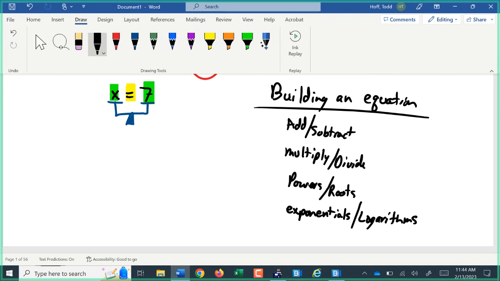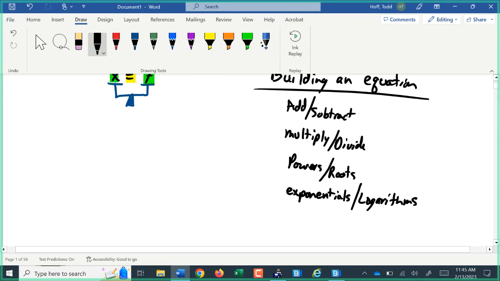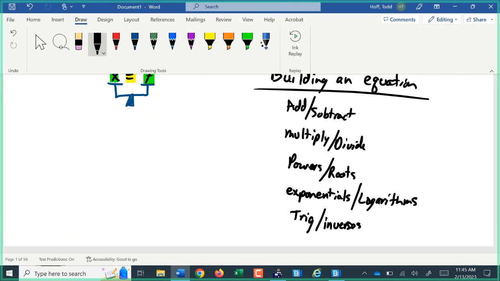Exponentials and logarithms explain the reproduction or growth of a virus, population growth, population shrinkage due to illness, and things like that. Then, of course, there's trig functions and their inverses, and other more advanced functions. For this class, we'll get up to about there.